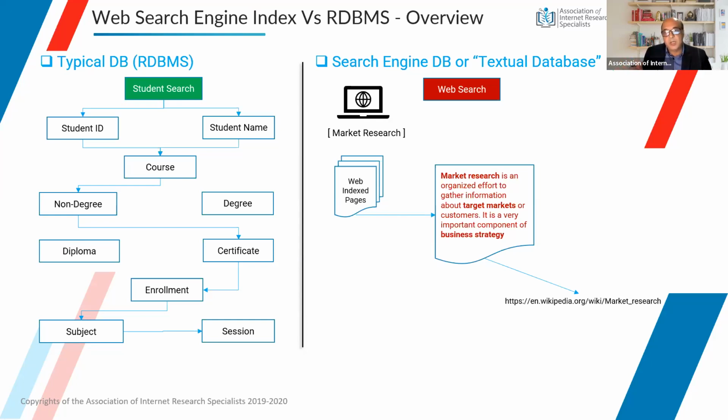But typically in the textual database, each of those words that are part of the content on those web pages is considered a single data unit. However, with a bit of a twist, that it has an artificial intelligence built into it, which we call lexical intelligence.